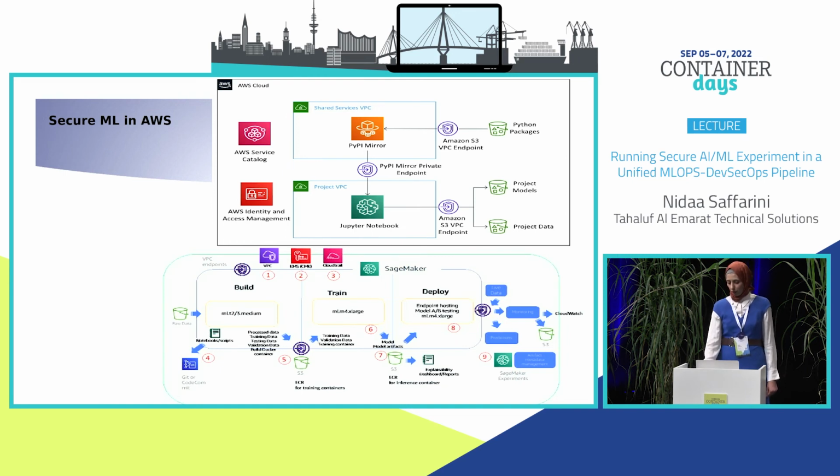While we are building the model in the development framework, we need to give least privileged access to the users or between services, so we use IAM in AWS and the VPC and the networks.